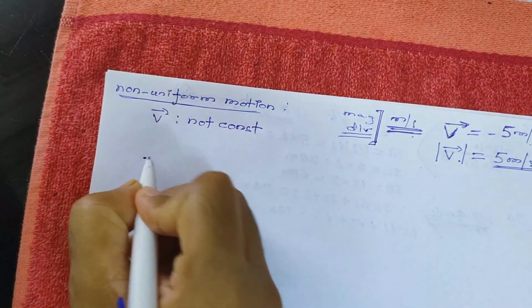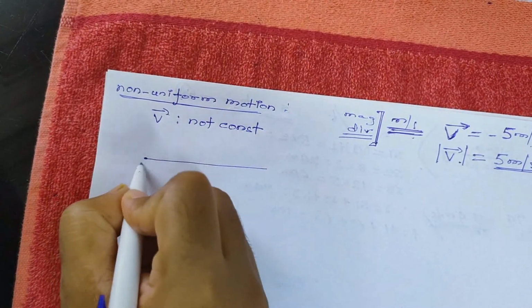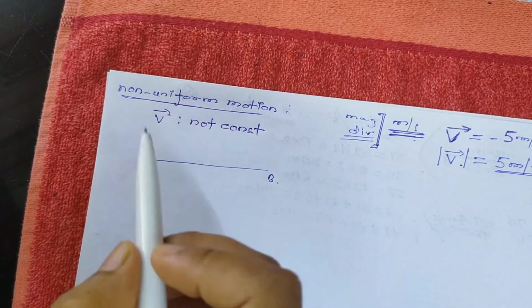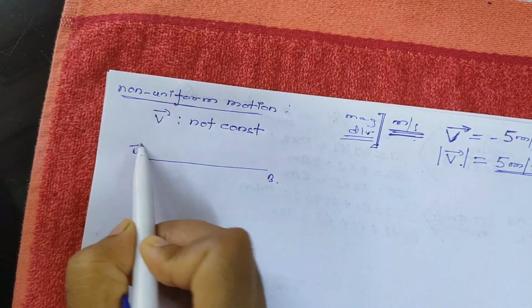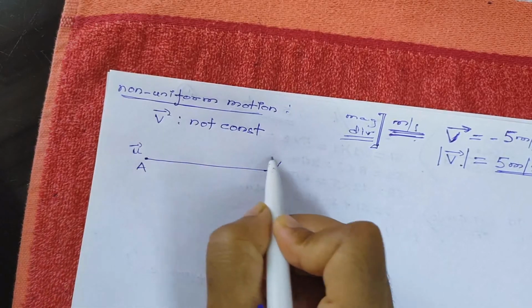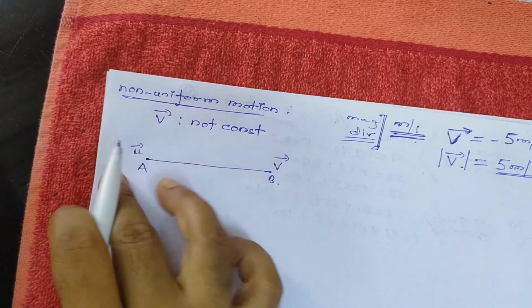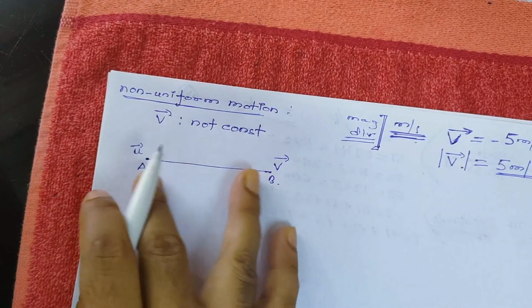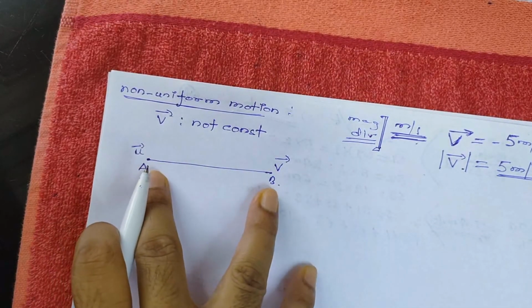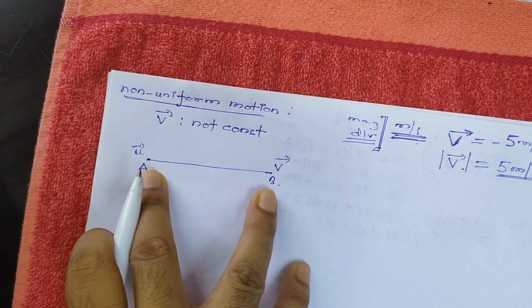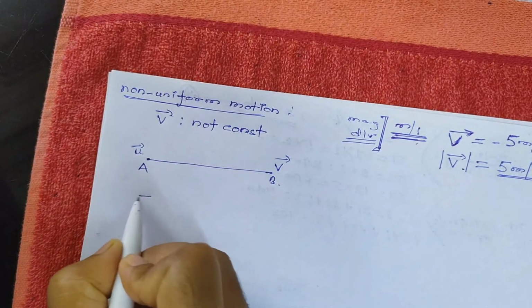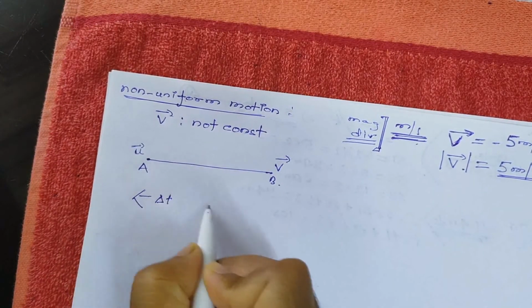Suppose an object travels from A to B with varying velocity. At the start of the journey it has a velocity of u. It reaches point B and the final velocity is v. You are seeing a gradient in the velocity, I mean there is a change, right? This change in velocity must have occurred over a certain period of time. Let us say this change occurred in a time duration of delta t.